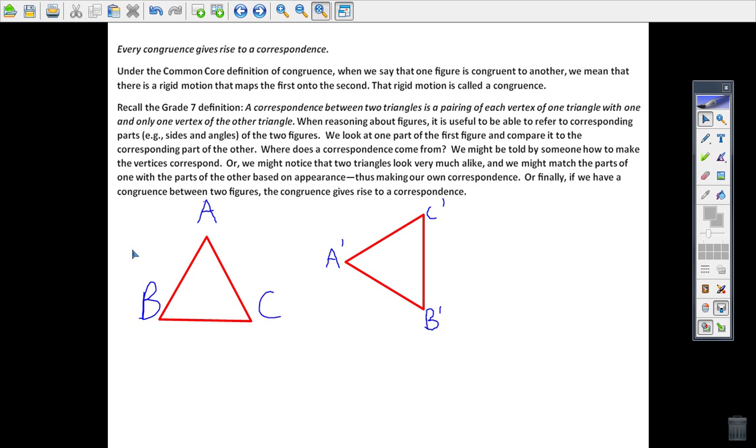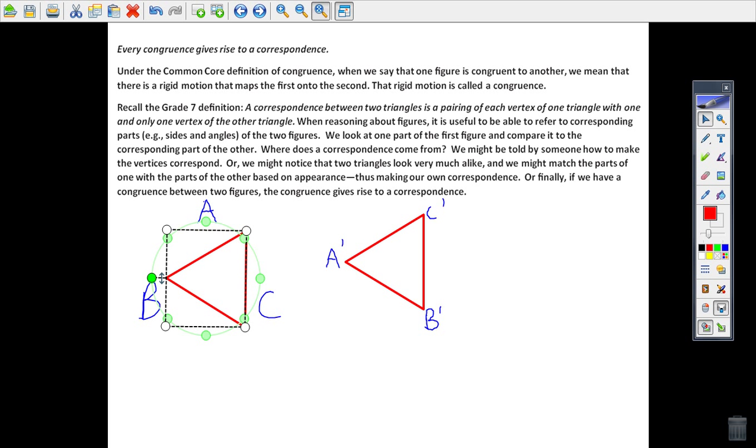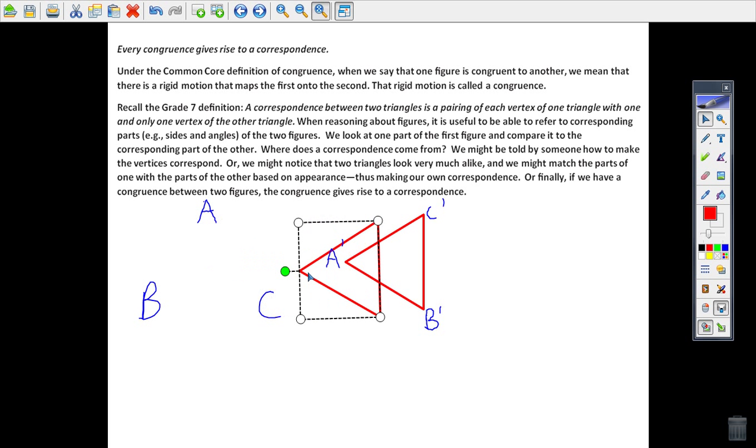If I could do that, let's rotate, and by the way, I'm going 90 degrees, which direction? Positive, right? Positive 90 degrees. Let's rotate it, and then let's apply a vector, and then see if I can end up with A prime B prime C prime.